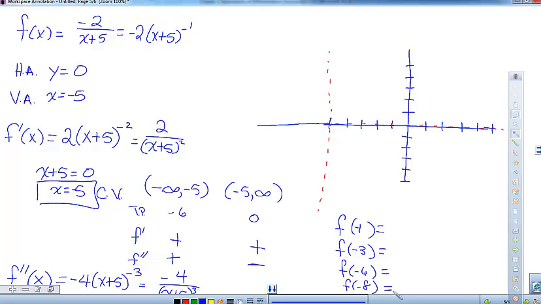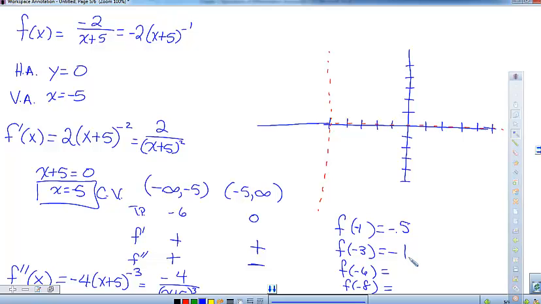If we plug in negative 1 to the original function, we get what? Negative 2 over, is it negative 0.5 or 0.5? Okay, negative 0.5. And then for negative 3? Negative 1.